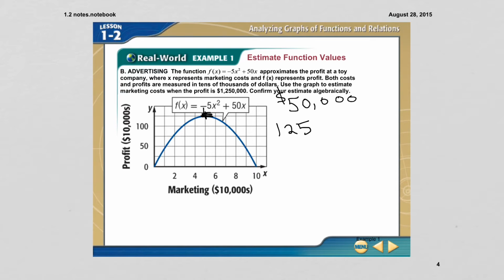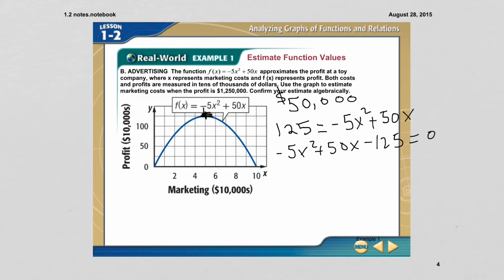Now if I'm doing the algebra, I'm going to go ahead and do 125 is equal to negative 5x squared plus 50x. Okay. Now I set it equal to 0, and I get negative 5x squared plus 50x minus 125 equals 0.